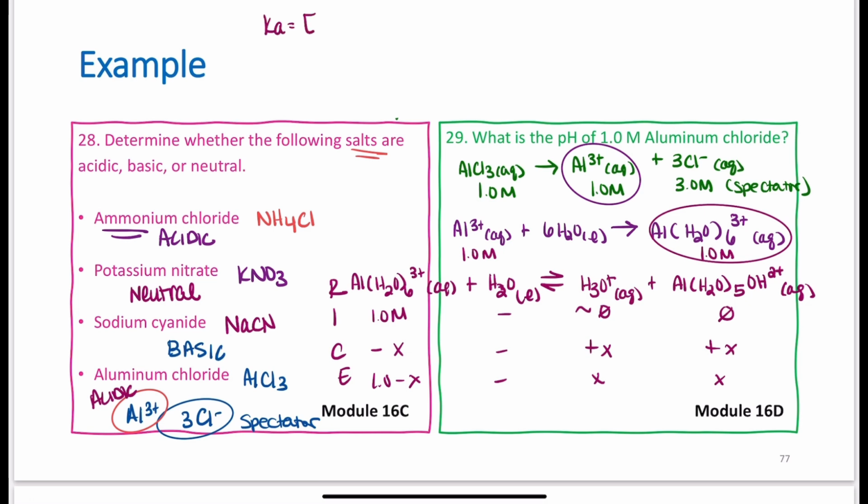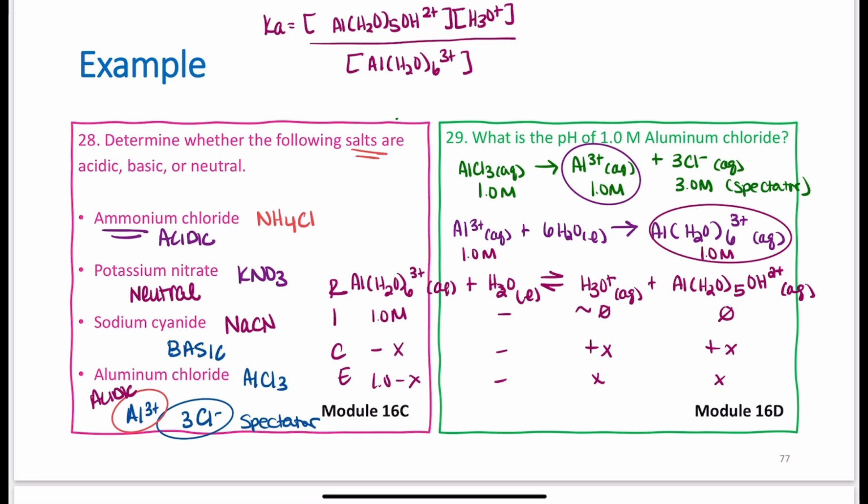My Ka expression here, products over reactants. My aluminum with my 5 waters, my hydroxide and my 2+ charge, my hydronium concentration, and my original hydrated aluminum salt, or hydrated aluminum ion.